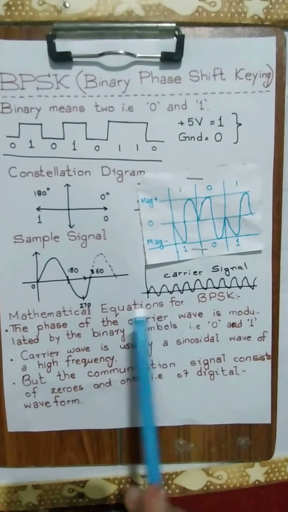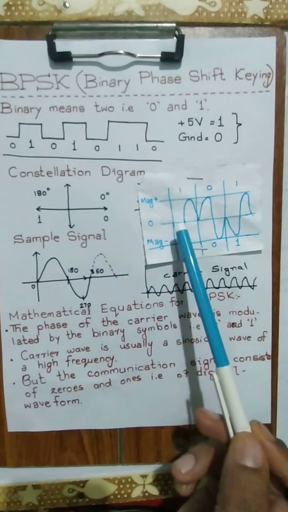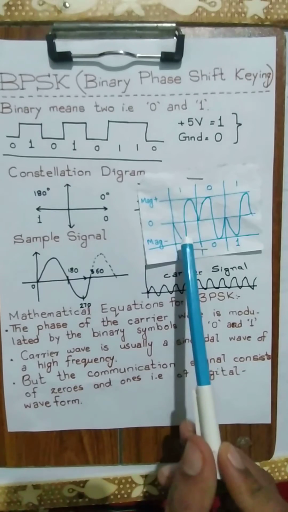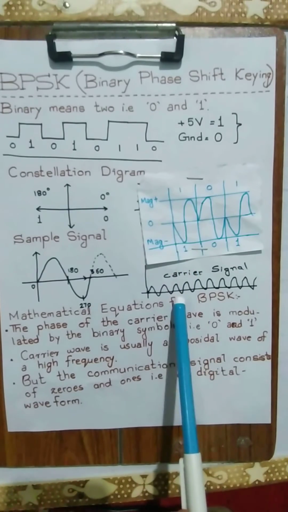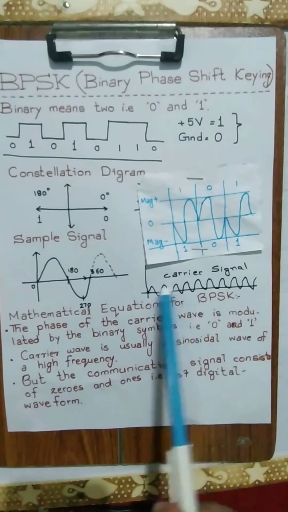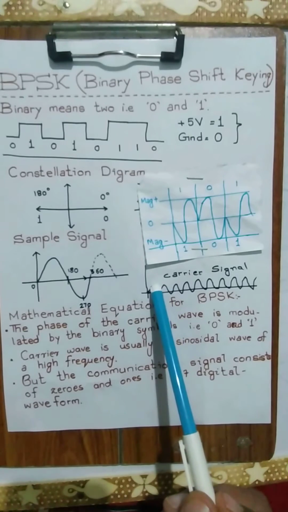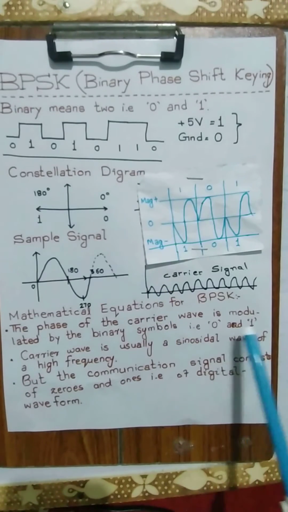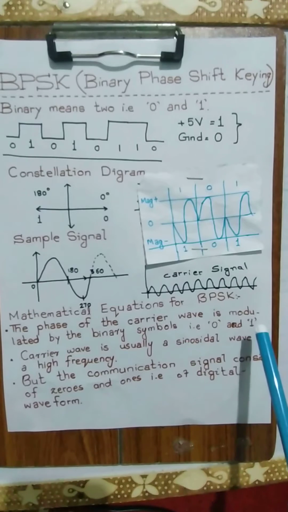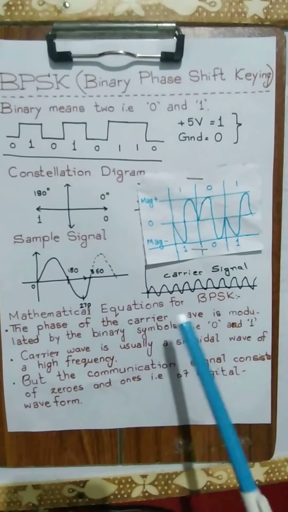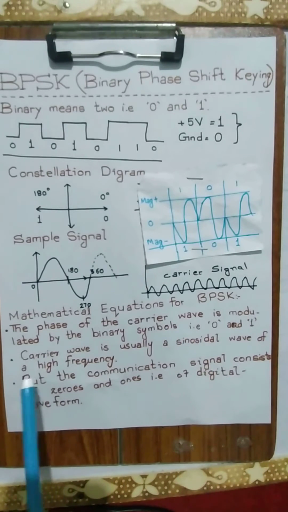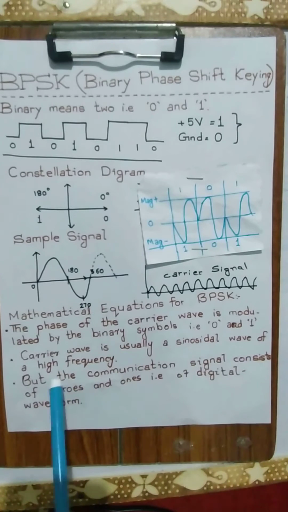Yeah, we know that, because if there is a 1, the phase of the sinusoidal waveform will change according to the 0 and 1. The carrier wave is usually a sinusoidal wave of high frequency.